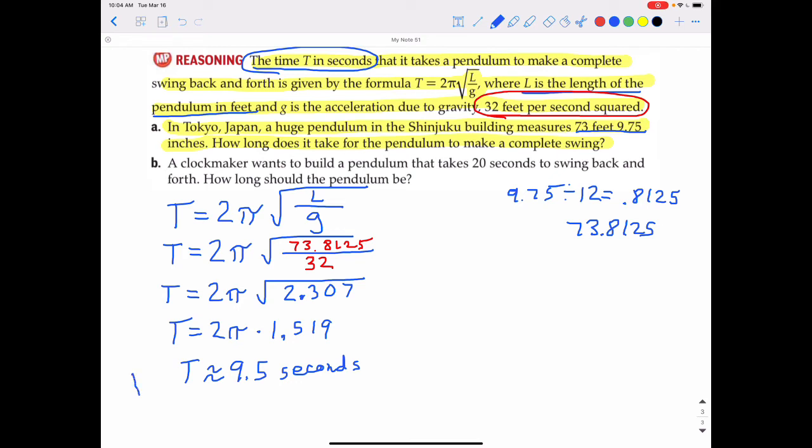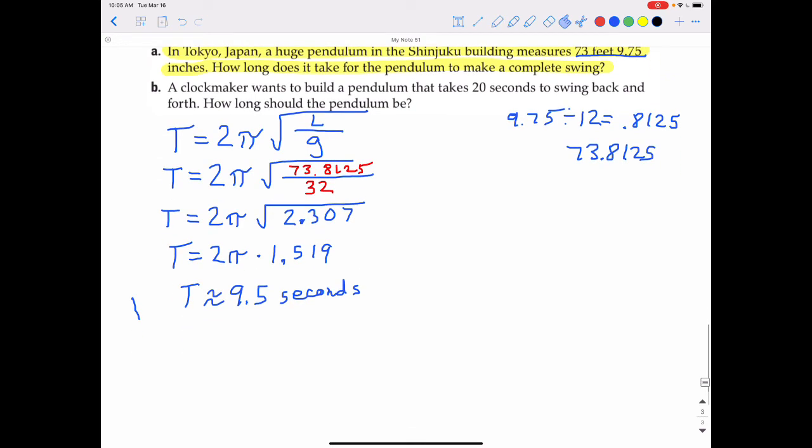Part B says a clockmaker wants to build a pendulum that takes 20 seconds to swing back and forth. How long should the pendulum be? So we are going to use that same formula, that T equals 2 pi times the square root of L over G, but this time we're trying to figure out how long the pendulum will be, so we're going to actually try to figure out L. This time we know what T is.